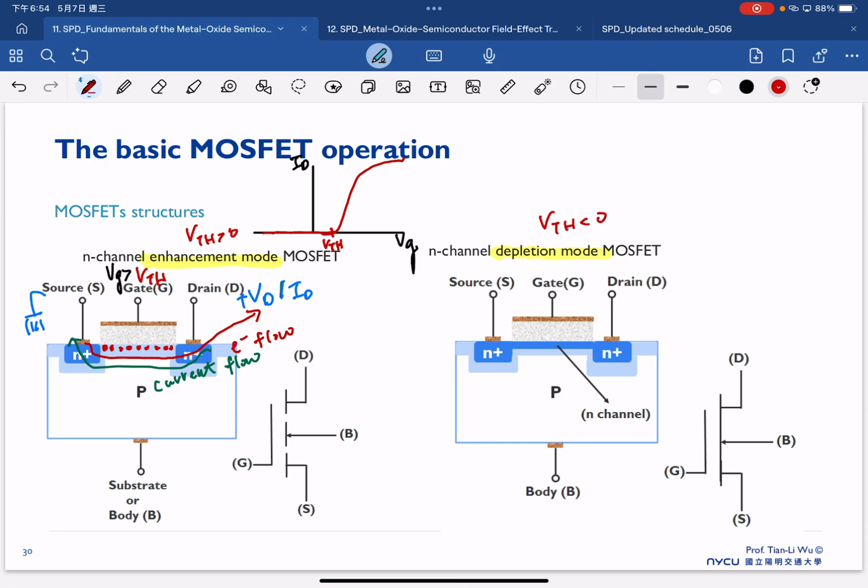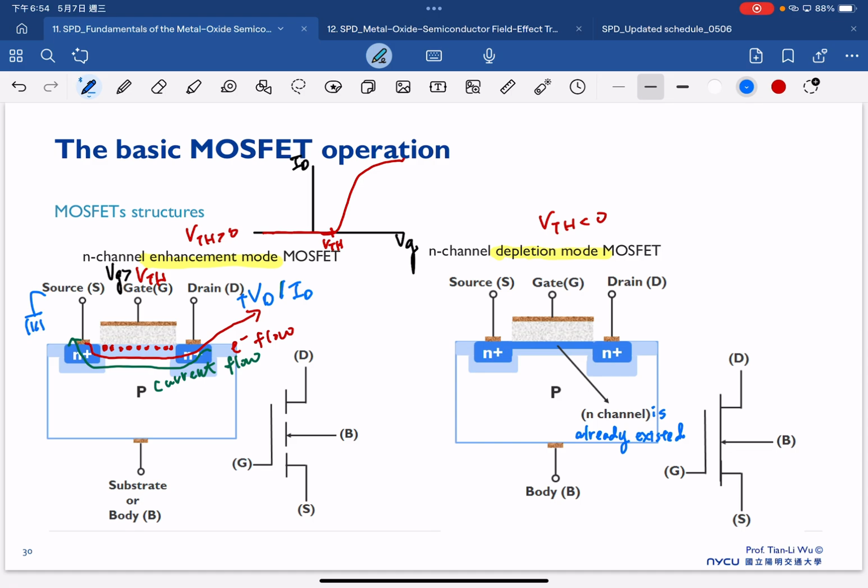The same applies if we consider the case of N-channel depletion mode. The main difference is that in the depletion mode, you already have the N-channel existing.